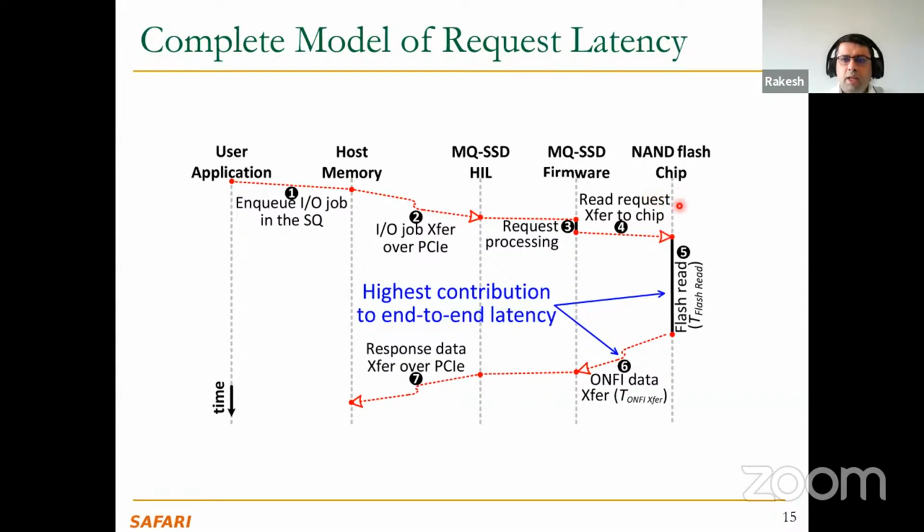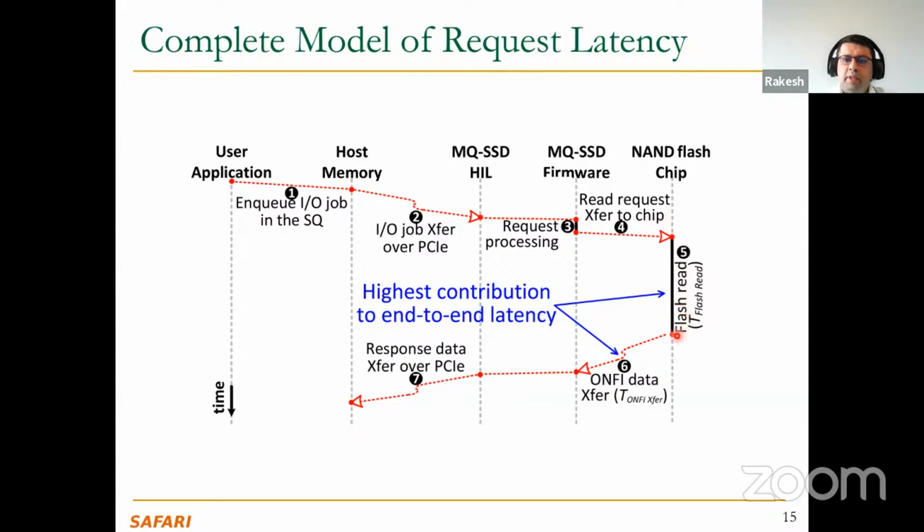Then the actual flash read process takes a considerable amount of time, and that is usually called tR. Once the read happens inside the NAND flash chip, the data is available in the internal page buffer of the NAND flash chip.